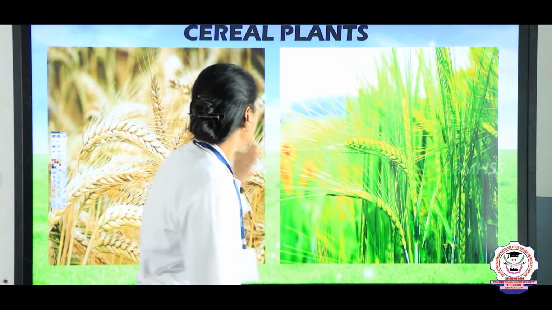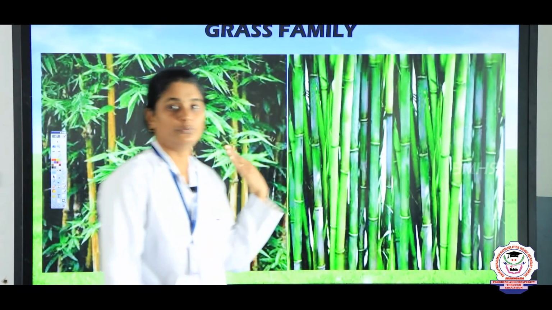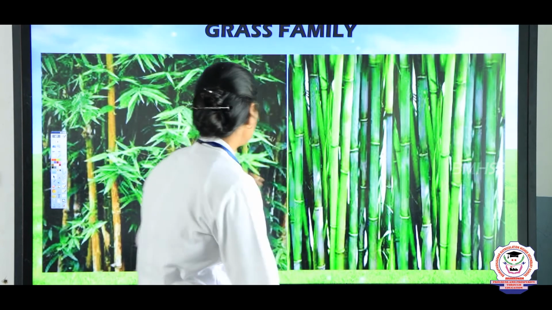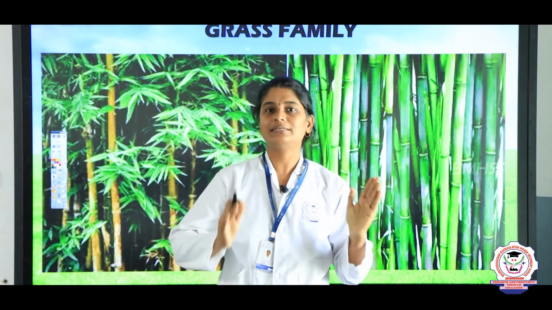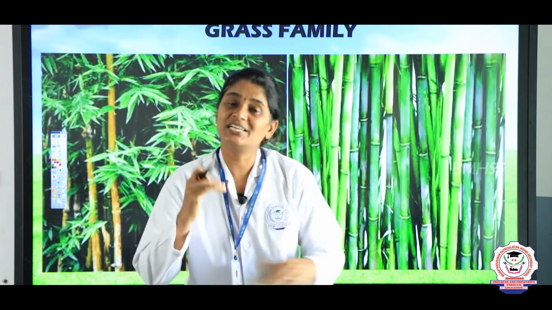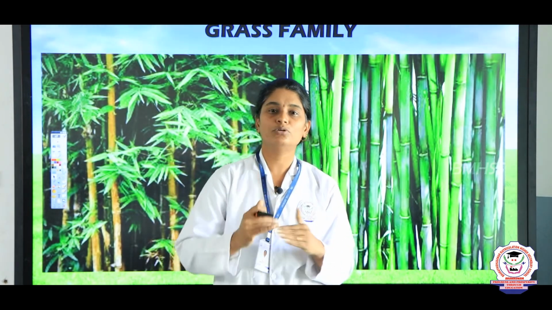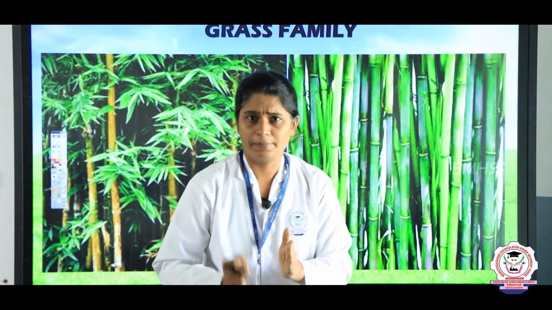The grass family plays a very important role in providing food. And bamboo also comes under the grass family. We know that bamboo is a very strong wood, right. We cannot even break it, but it comes under the grass family. We can use bamboo for many purposes, right.